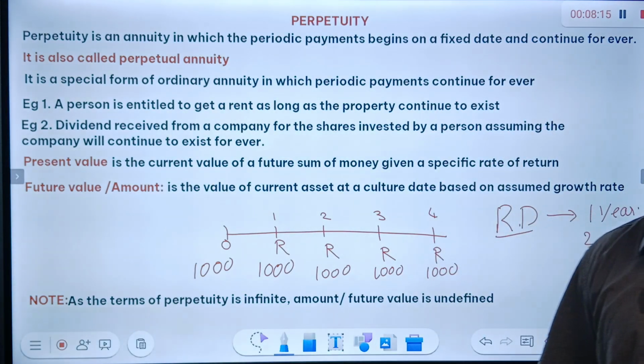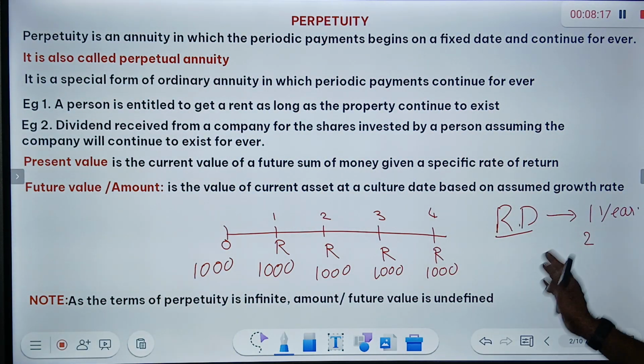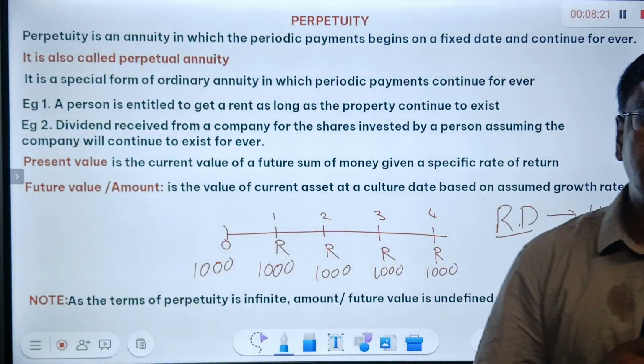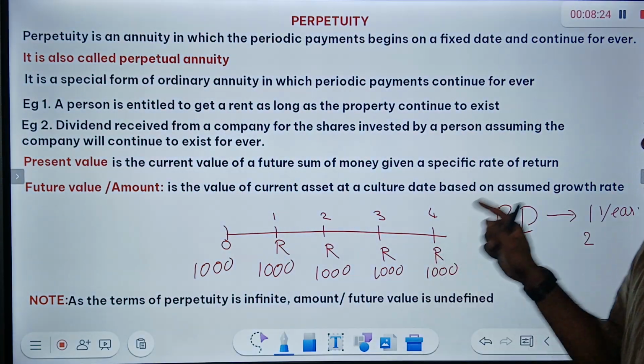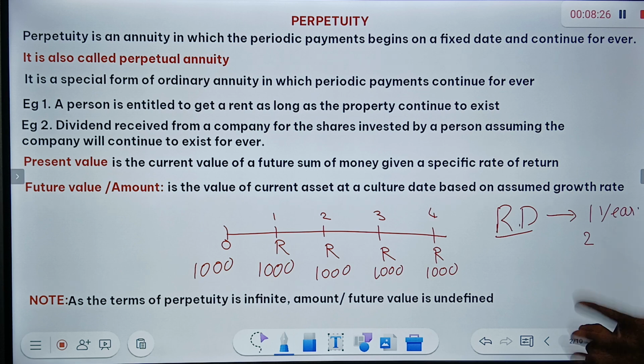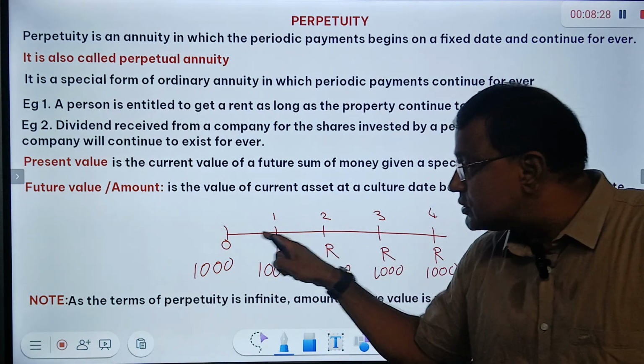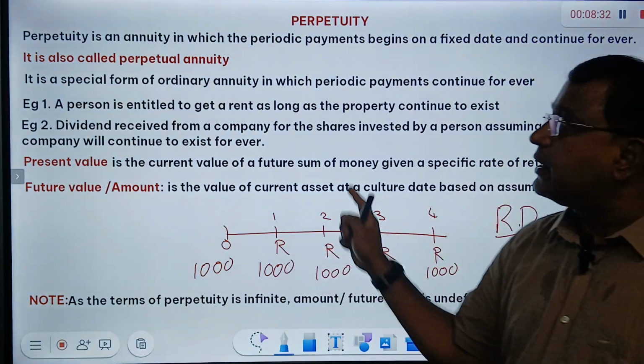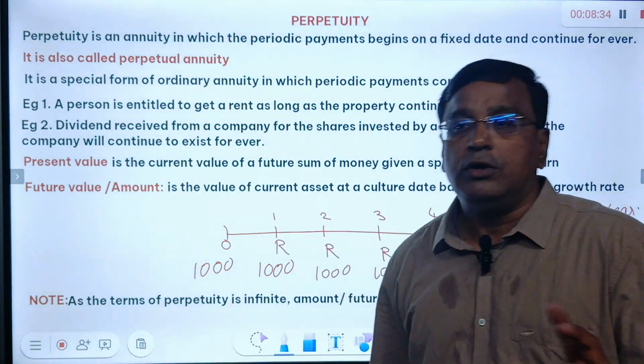Suppose you want to pay for 2 years, at the end of 2 years it stops, and then you get the maturity value, the amount with the interest. Since the period ends, it doesn't go forever. Even though you pay a constant amount at the beginning of each period, it does not come under the category of perpetuity. Then what is perpetuity?